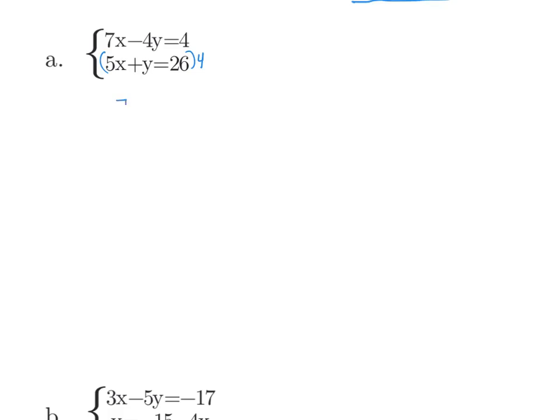So if we do that, my first equation stays the same. My second equation, when I multiply by 4, I get 20x plus 4y equals, I want to say 104. I think that's right.